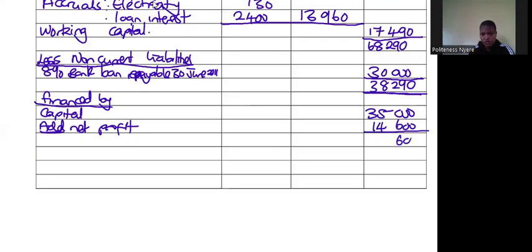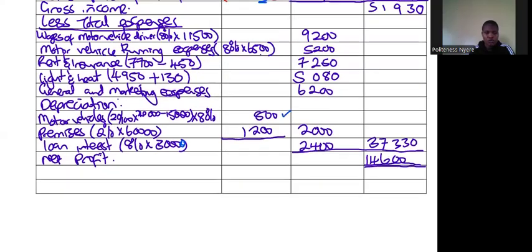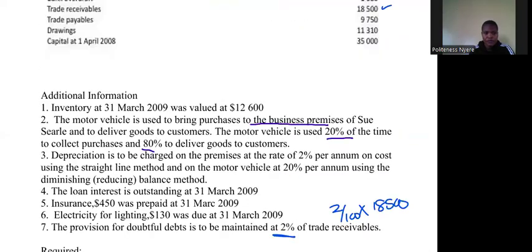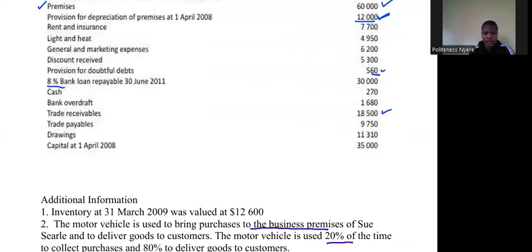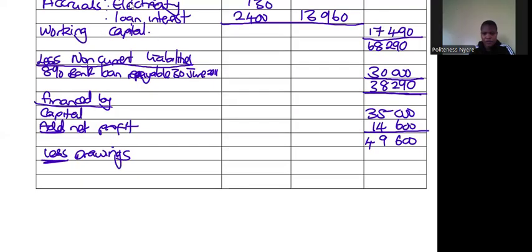If we add these two, we are going to get 49,600. So we say less drawings. How much were the drawings? The drawings are 11,310. So if we subtract, we get 38,290. That's perfect.